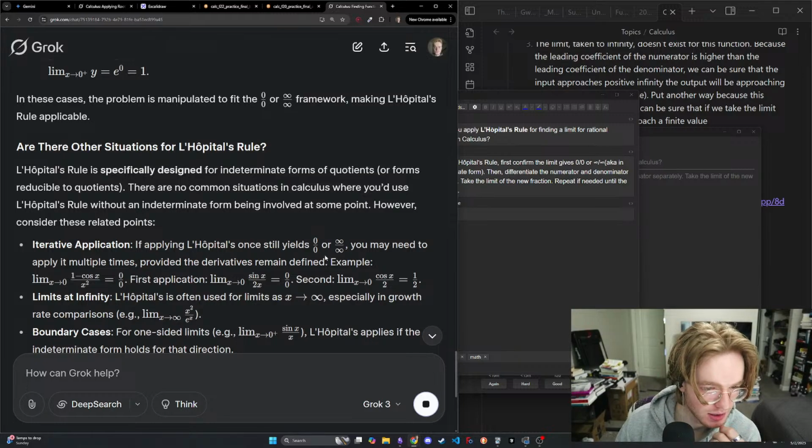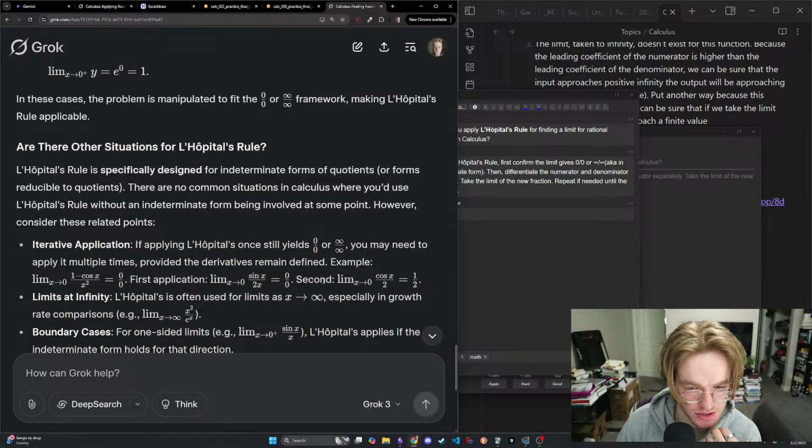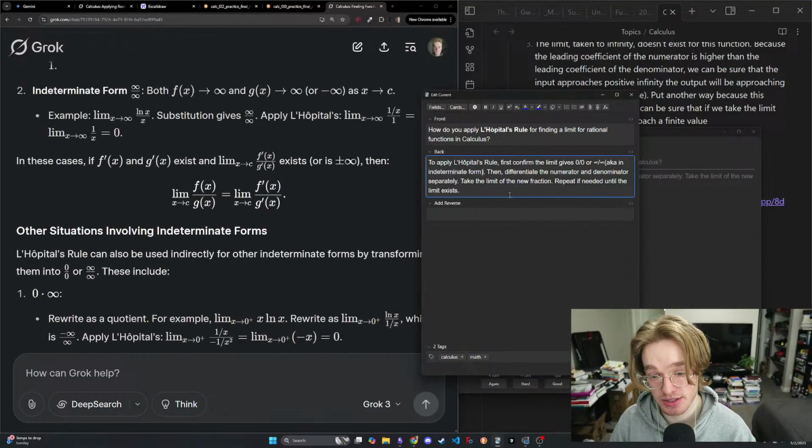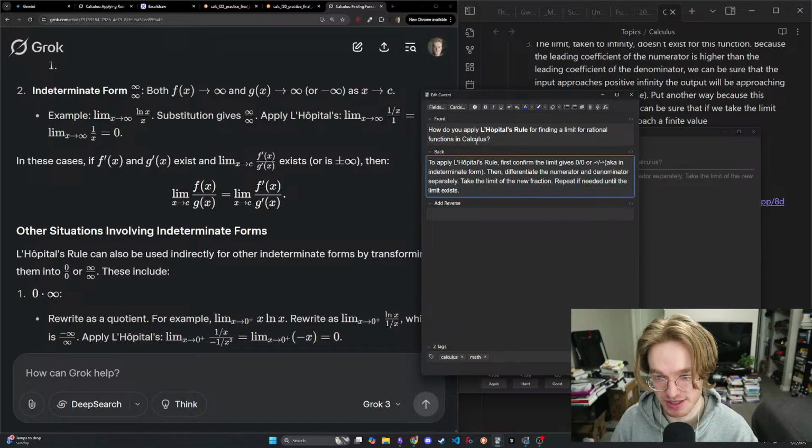Okay, it's designed for that. There's no common situations where you use it without an indeterminate form. Okay. So we can also just keep repeating it as well, which is kind of nuts. Perfect.